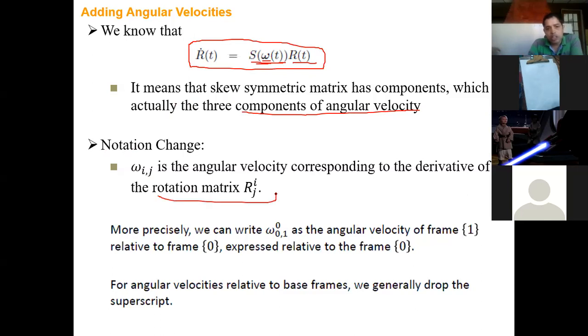It is represented by RJI, meaning rotation of J with respect to I. In the same way, if you want to write the corresponding omega, you could write omega J, then I here.